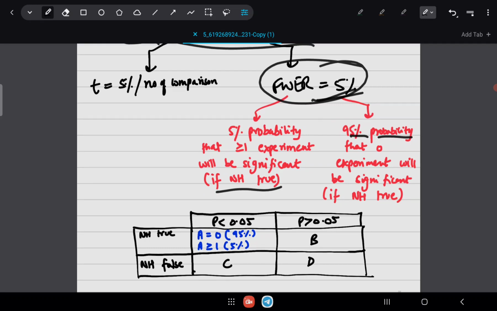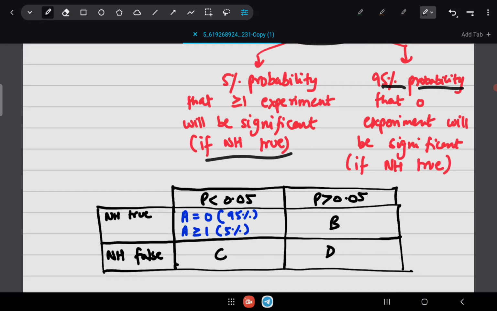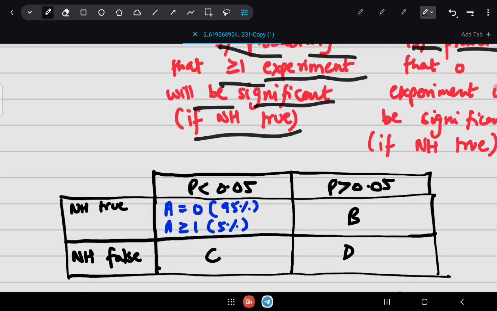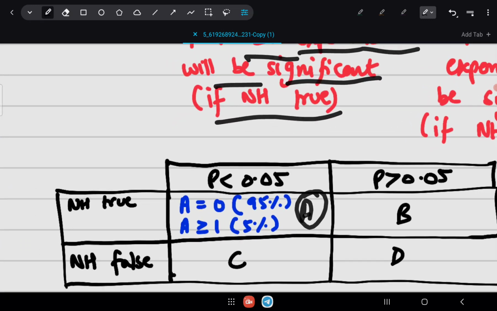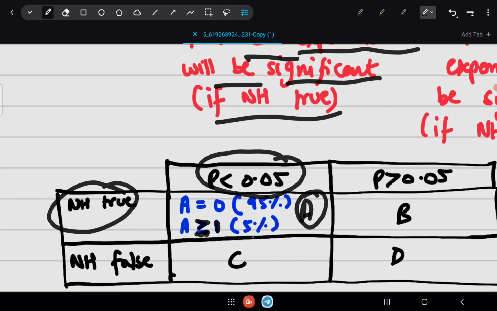To put this into context, there is a 5% probability that at least one or more than one experiment will be significant. So what is this A? This A is the number of experiments which have a significant p-value if NH is true. So the probability that A will be 1 or more than 1 is 5%, that is the family wise error rate, and the probability that A will be 0 is 95%.